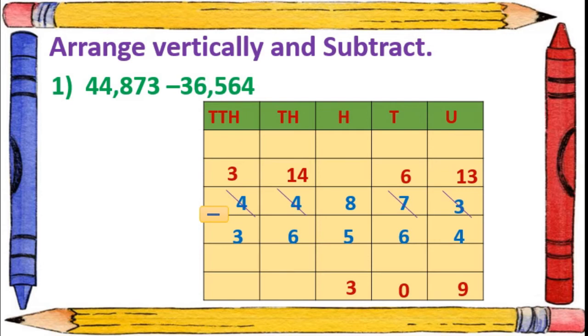Now in the thousands place 14 minus 6 is 8. And in the 10,000s place 3 minus 3 is equal to 0. Now we will read the answer. In 10,000s place 0 is there, so leave that. We will start 8,309. Okay.